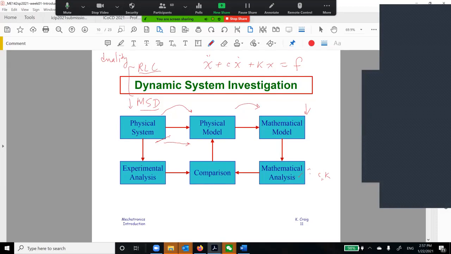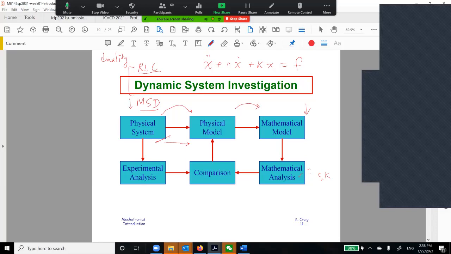Answering that question is a mathematical analysis. You can also ask, what is the resonance condition? It's exactly the same question, and so on and so forth. So there are lots of analyses here.